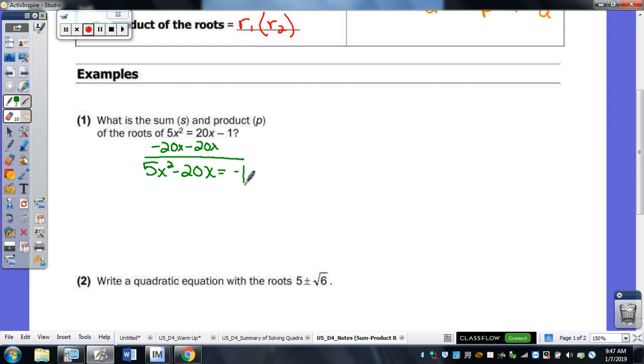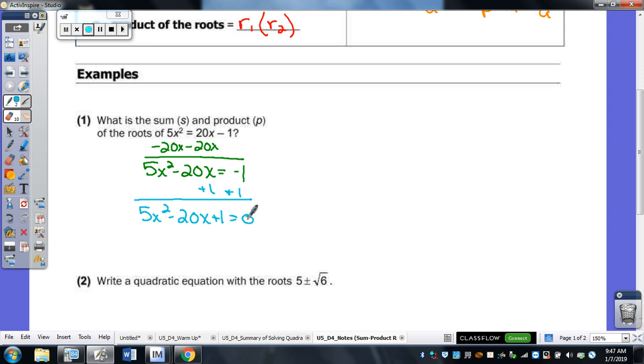So if I do that, right now it's equal to a negative 1, so I am almost there. So just add my 1 over. And then we are in standard form. So 5x squared minus 20x plus 1 equals 0.